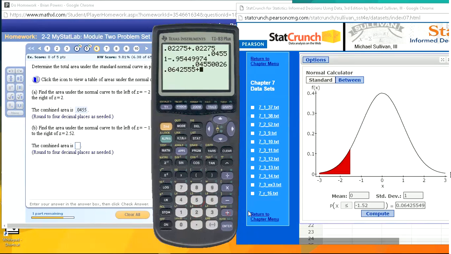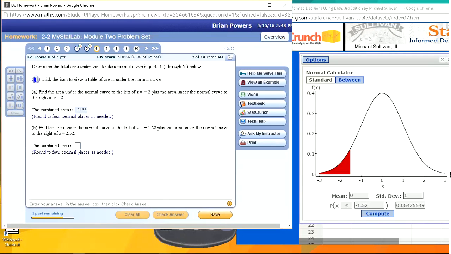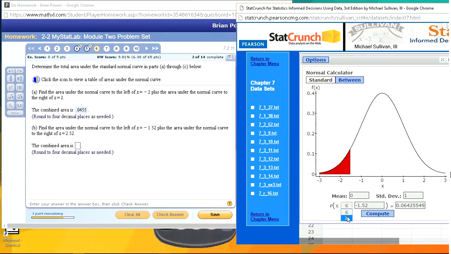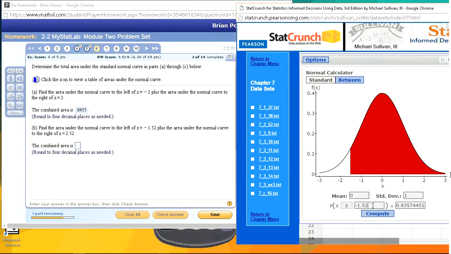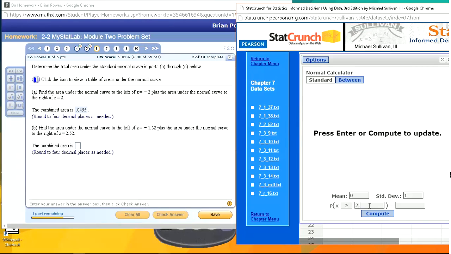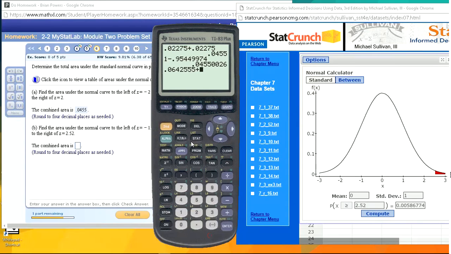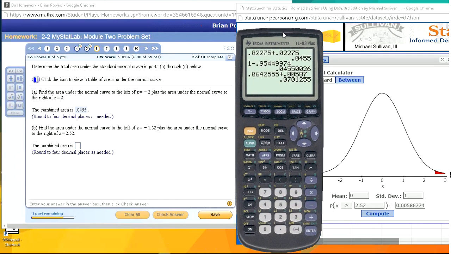Okay, plus let's do the area to the right of 2.52. Okay, 0.00587. I'll just round it up a little bit. Rounding error is not going to kill me at this level.